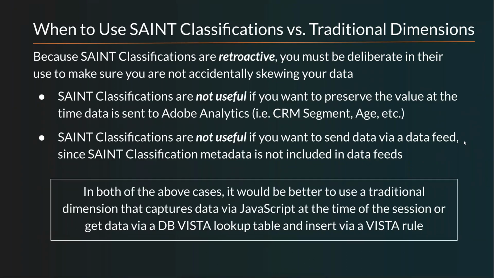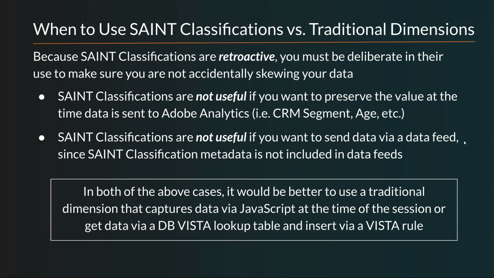Now, sync classifications are not useful when you want to preserve the value at the time the data is sent into Adobe Analytics. And this is super critical. I can't stress this enough. The reason why CRM segment was wrong and should not have been in a sync classification is, let's say I'm customer ID 11125. And today you upload a sync classification that says that I'm in the baby boomer high net worth segment, for example.